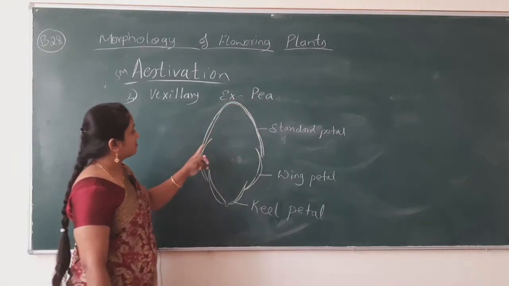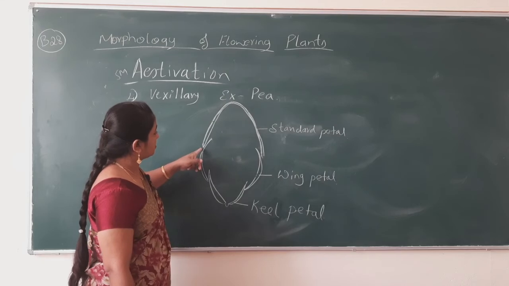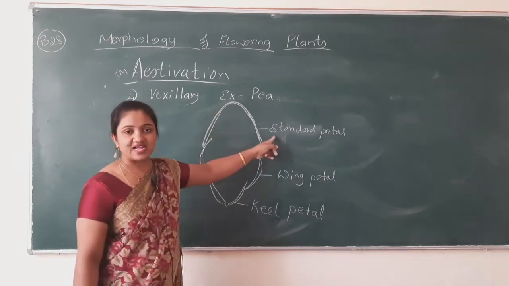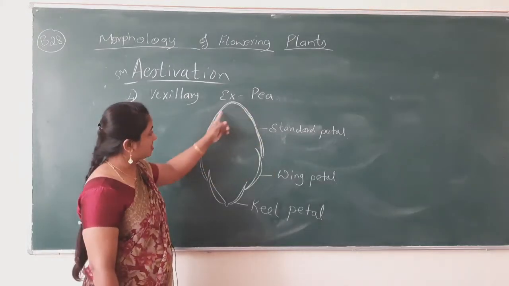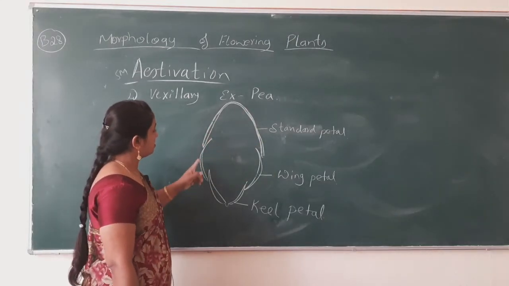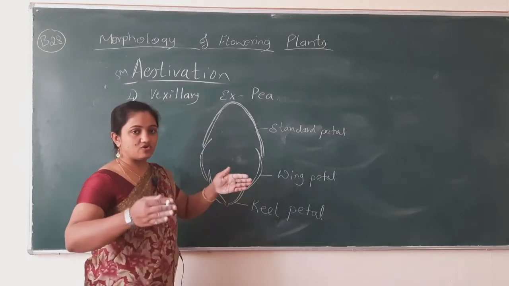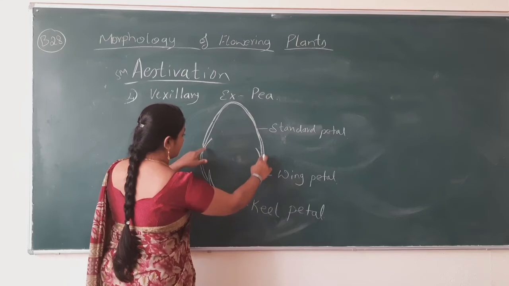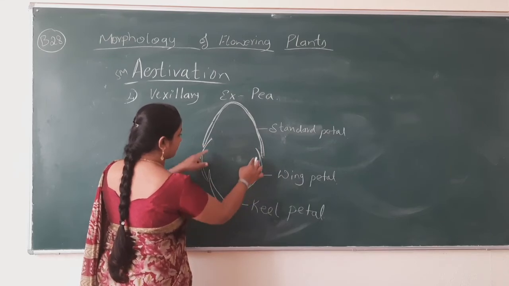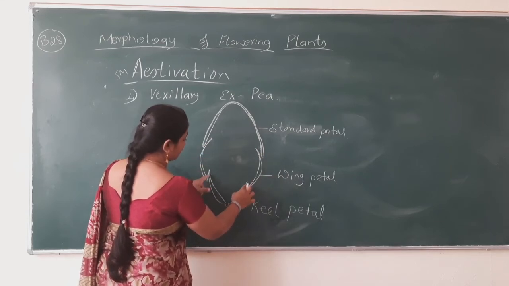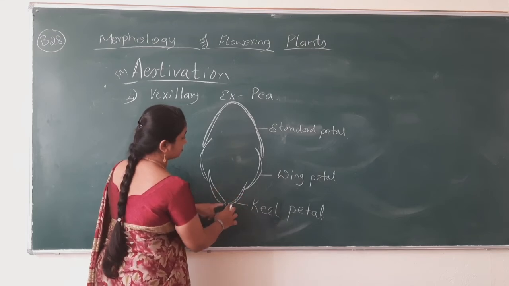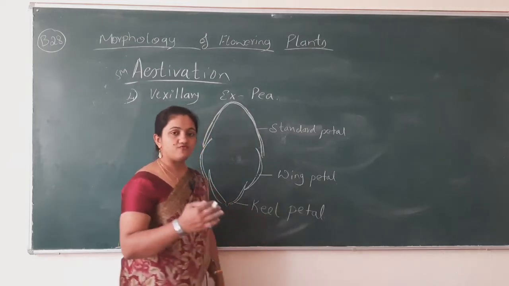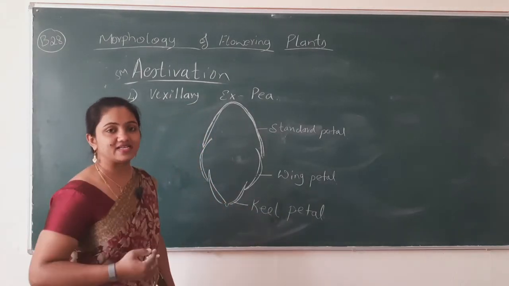crotalaria. Okay, so the name of the one petal is standard petal. This petal overlaps the two wing petals. It completely overlaps the wing petal. Next, wing petal overlaps the keel petal. So one by one, all these overlap the next subsequent petal.